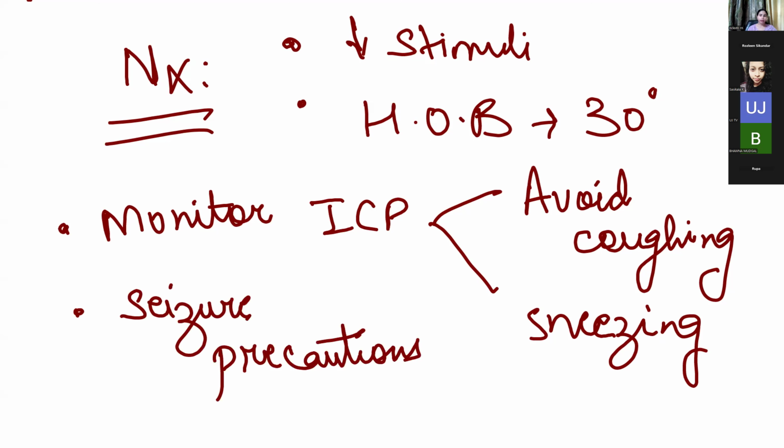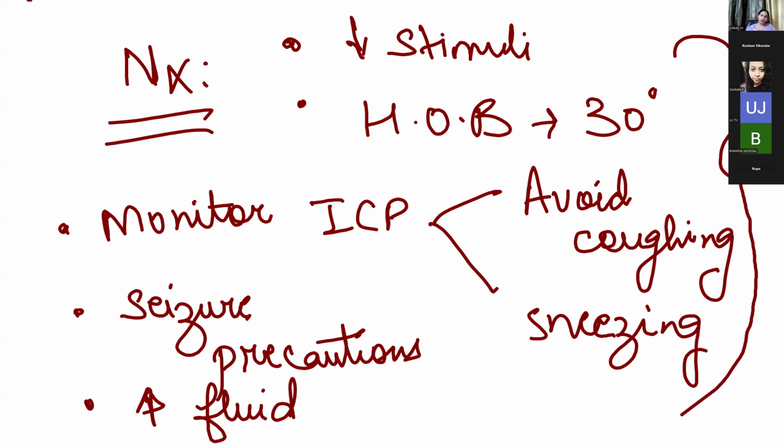Yes, ma'am. We can take the seizure precautions. Then हमने देखा था कि अगर लंबर पंक्चर हो रहा है, then we need to increase the fluid level. तो हमारी एक और रिस्पॉन्सिबिलिटी आ गई कि हमें फ्लूइड लेवल इंक्रीज करना है. These all things are very important.